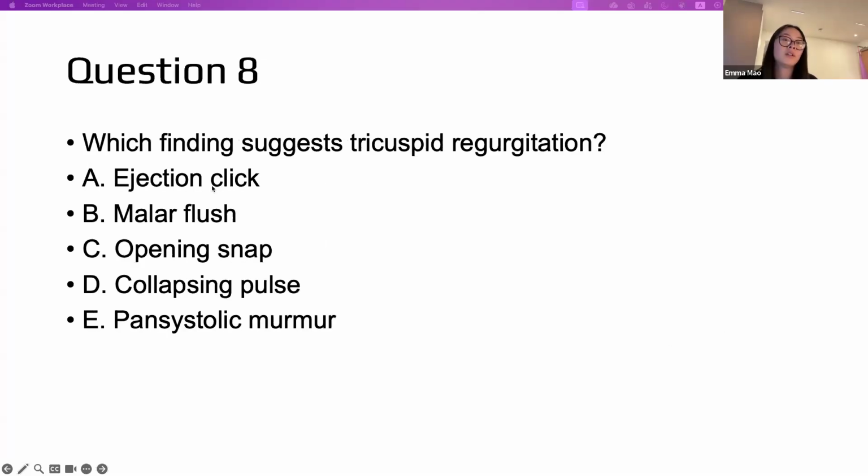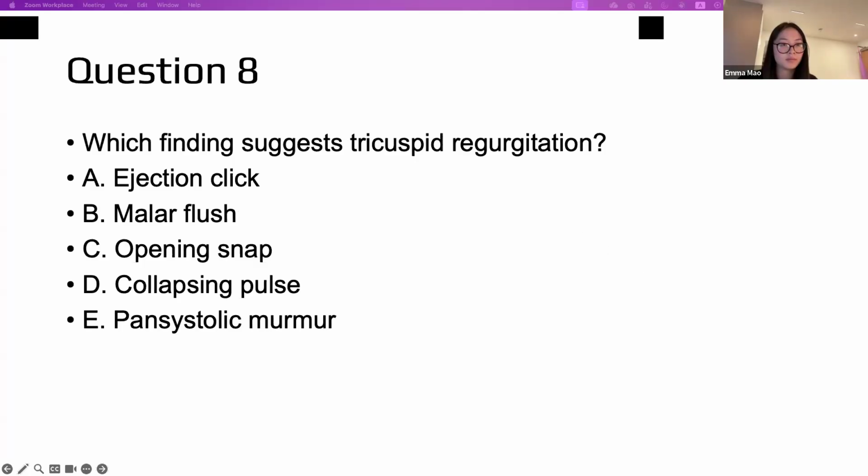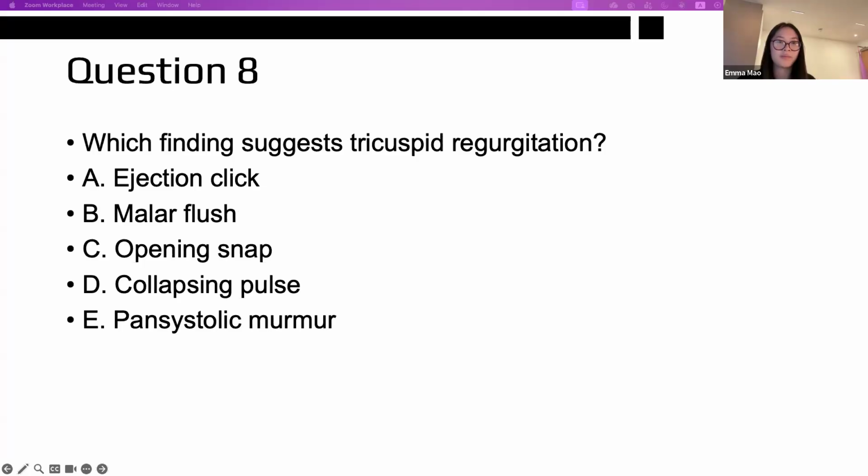Oh yeah, another one. Which finding suggests tricuspid regurgitation? Let me move the question along. Which finding suggests tricuspid regurgitation?